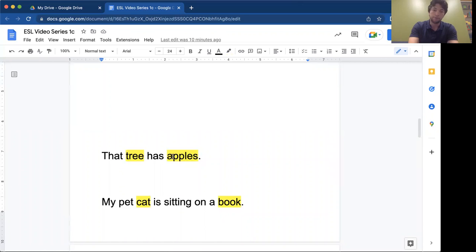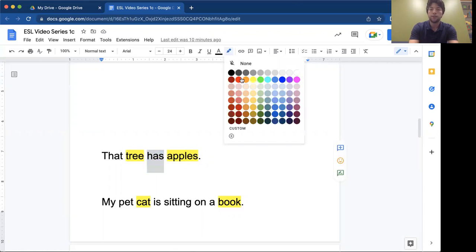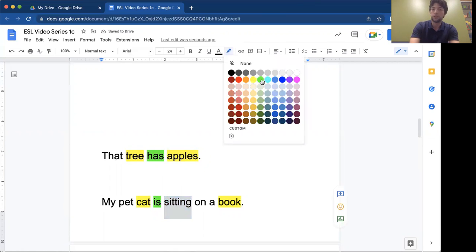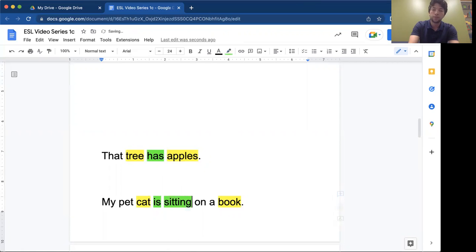But now let's highlight the verbs. So in this sentence, that tree has apples, we'll highlight the verb in green. My pet cat is, that's a verb. And also sitting is a verb. So I'll highlight these both in green.